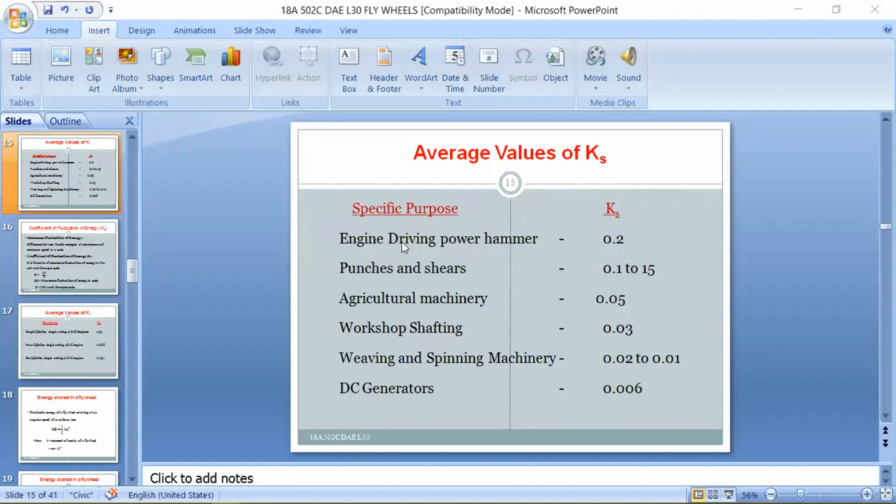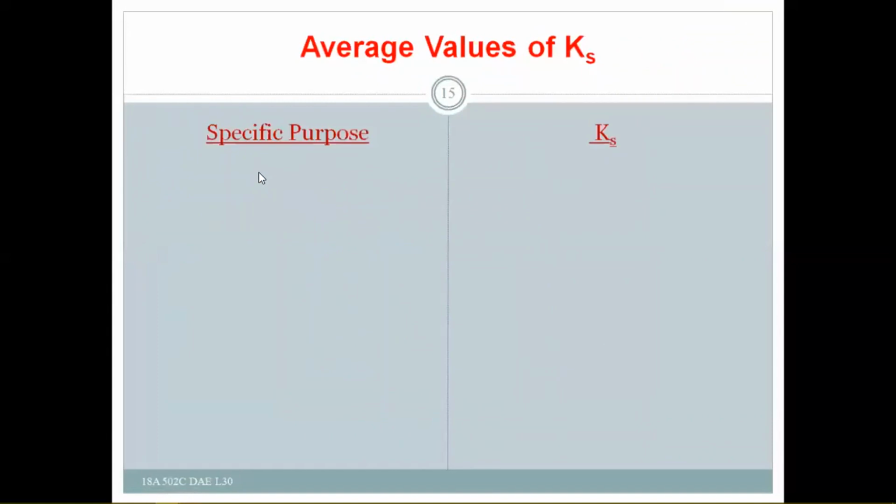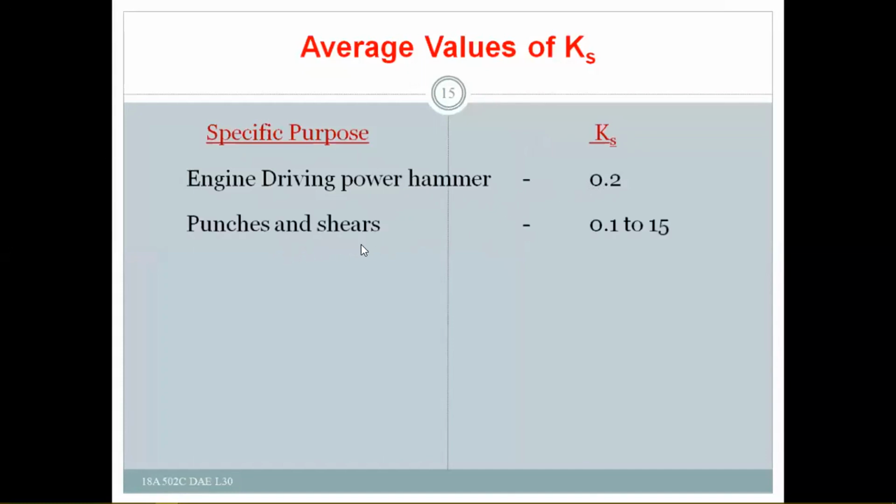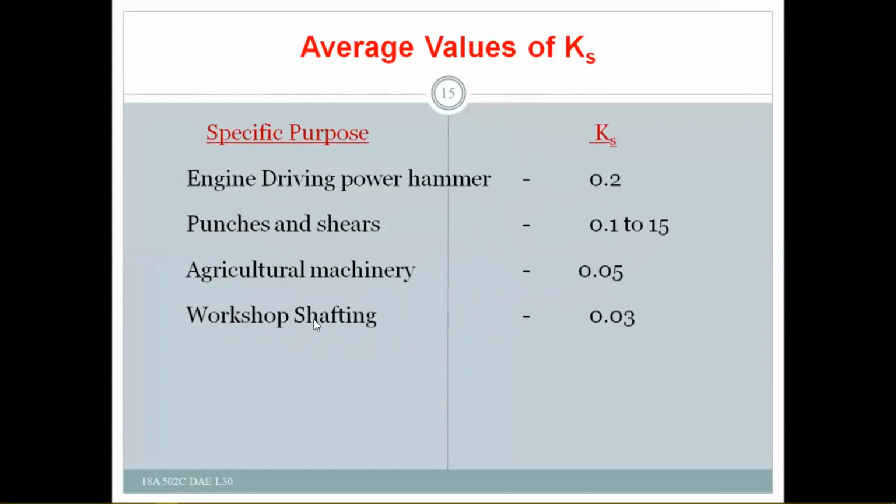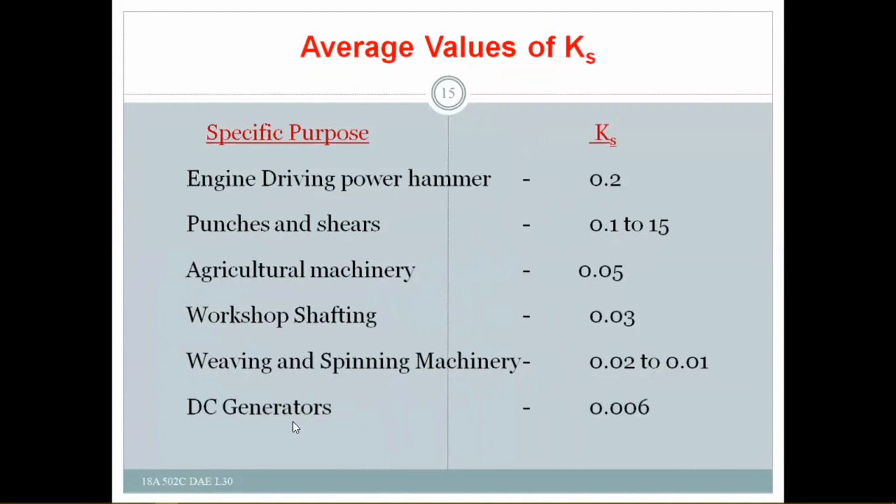A power hammer driven by an engine will have 0.2 coefficient of fluctuation of speed, whereas punches and shears will have 0.1 to 0.15, agricultural machinery 0.05, workshop shafting 0.03, weaving and spinning machinery 0.02 to 0.01, and DC generators 0.006.